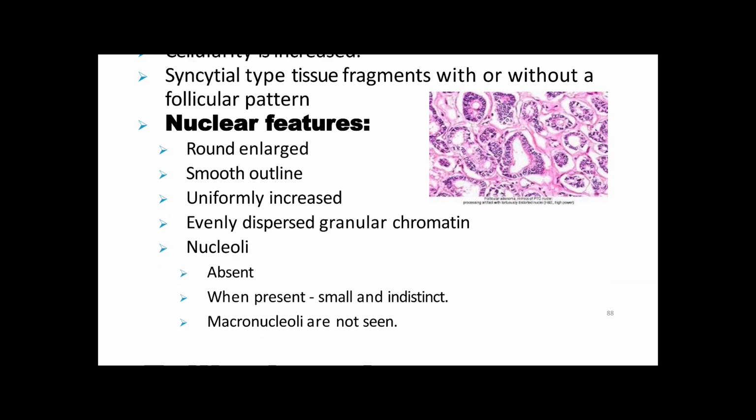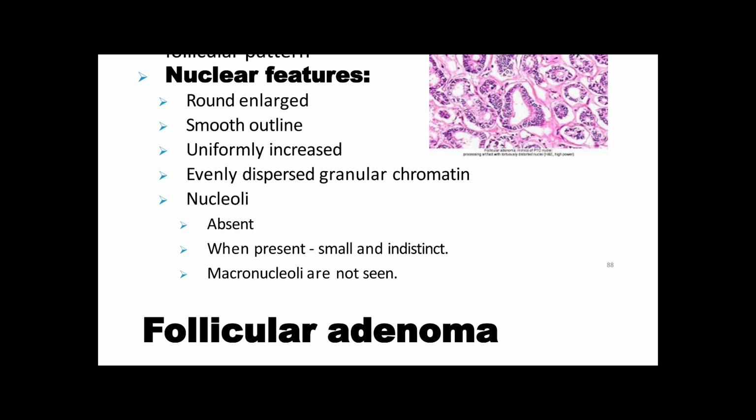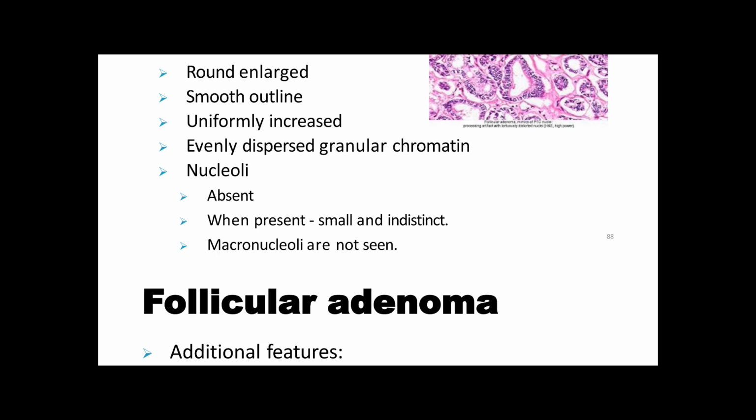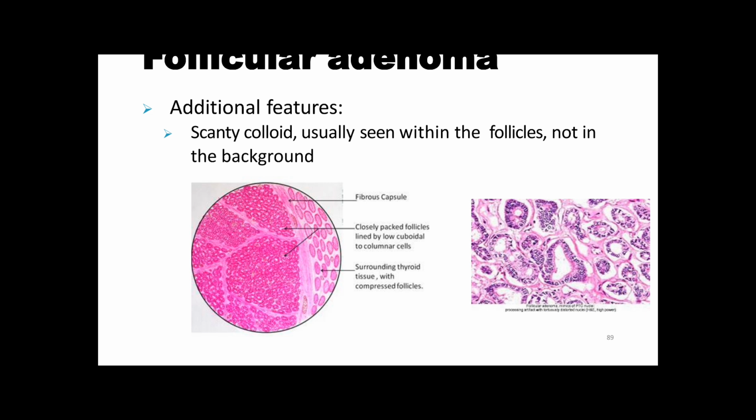When we consider nucleoli, normally they are absent, but if present, they are very small and indistinct, and you cannot see macronucleoli. Normally nucleoli are not present; if present, smaller and indistinct, but you cannot see macronucleoli. An additional feature of follicular adenoma is scanty colloid, usually seen within the follicle, not in the background.